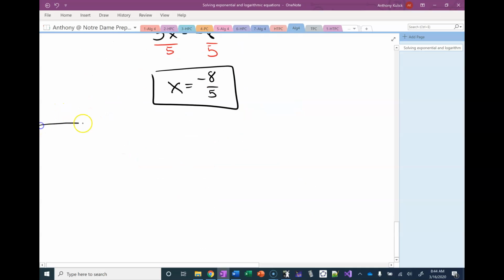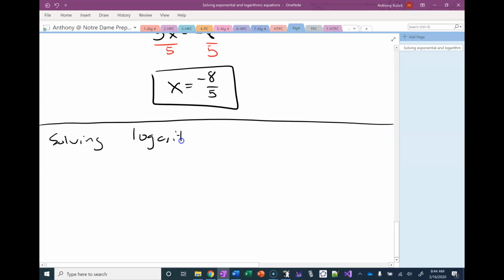Next up, we're going to talk about solving logarithmic equations. There are going to be 3 types of logarithmic equations that we're going to be interested in solving.